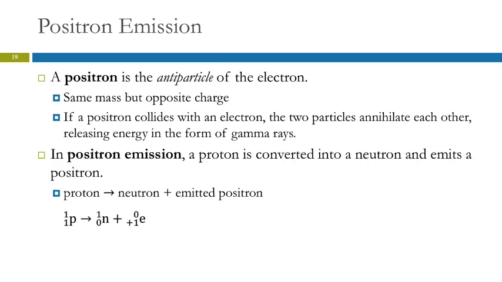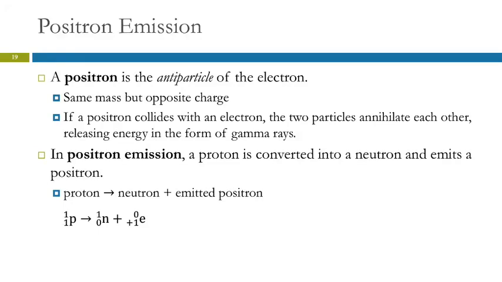So a positron has the same mass as an electron, but an opposite charge. And if a positron collides with an electron, the two particles annihilate each other. Is that crazy or what? It's not that nothing happens, though. You get energy released, and the energy comes in the form of gamma rays. So in nuclear chemistry, matter is not conserved, energy is not conserved, but if you put those together, matter plus energy is conserved.